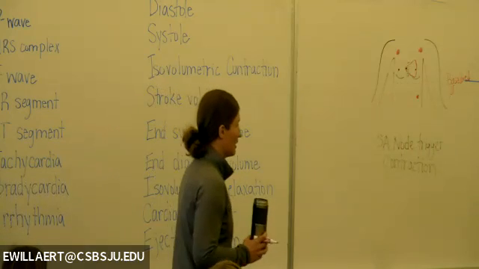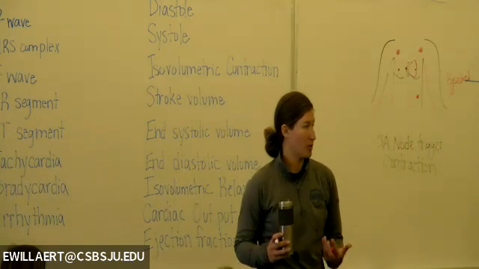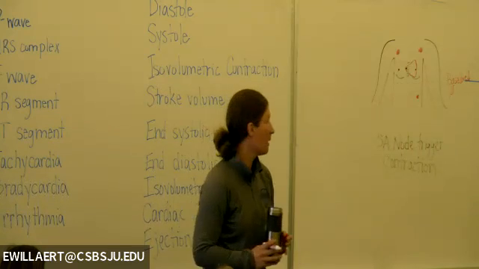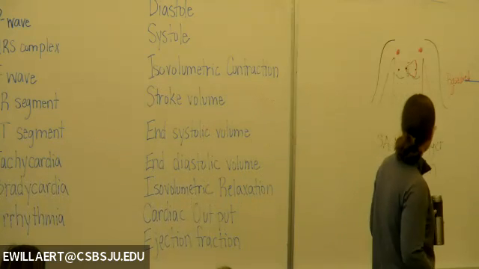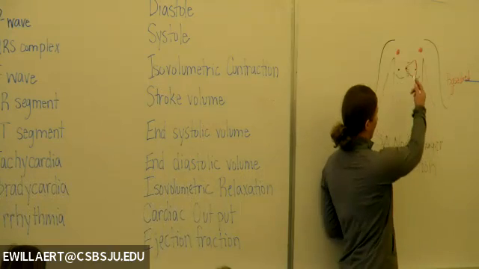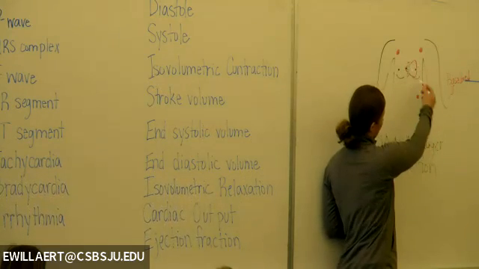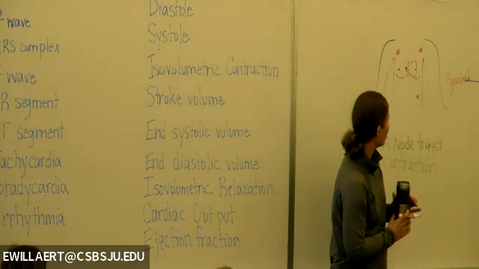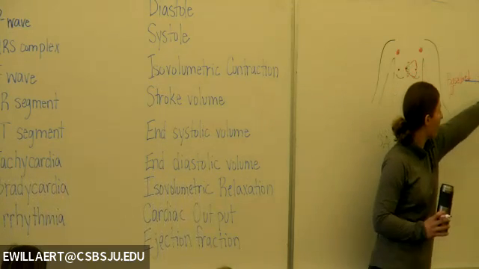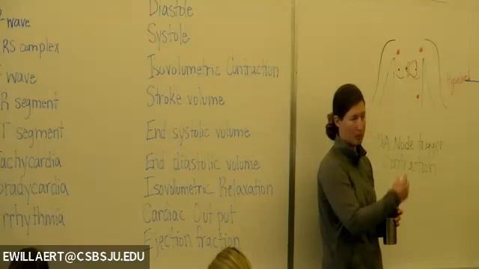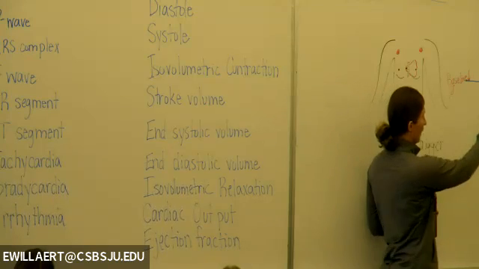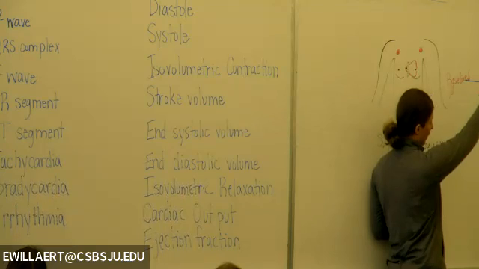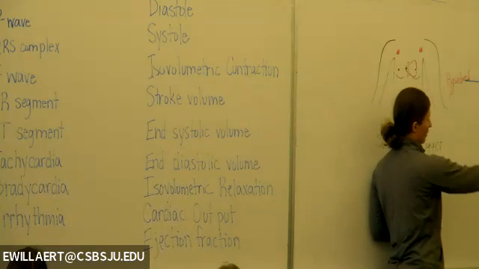And from that, we can tell if our heart is operating in a normal type fashion. Okay? And most of us, our heart is located under the sternum and it's orientated slightly to the left.